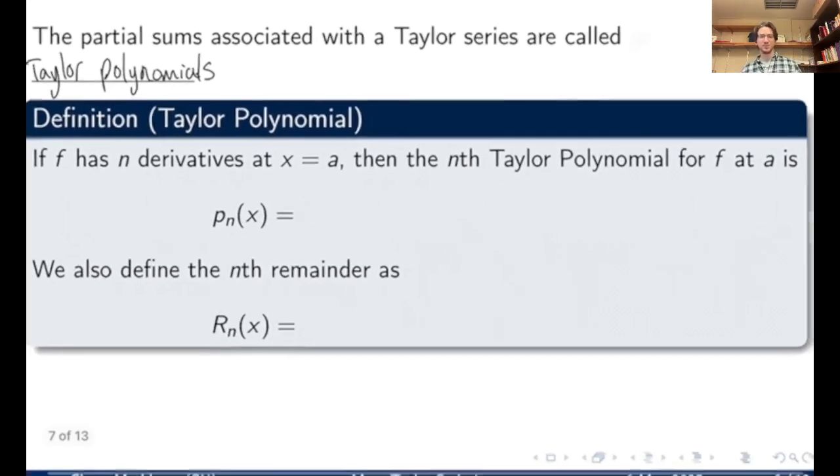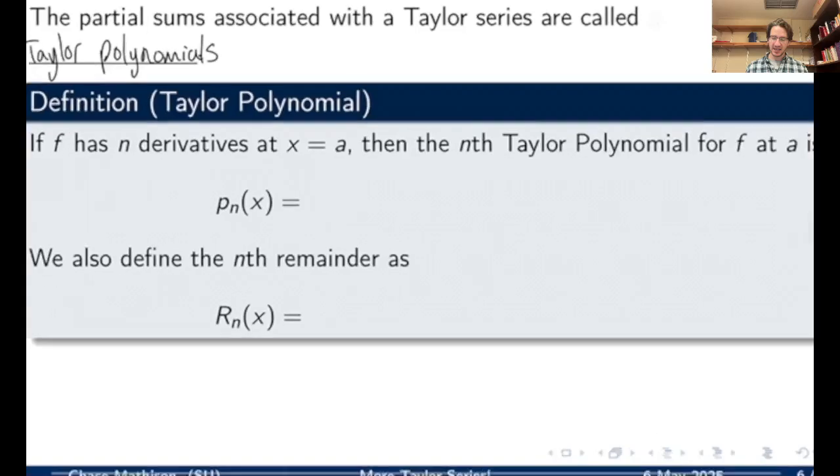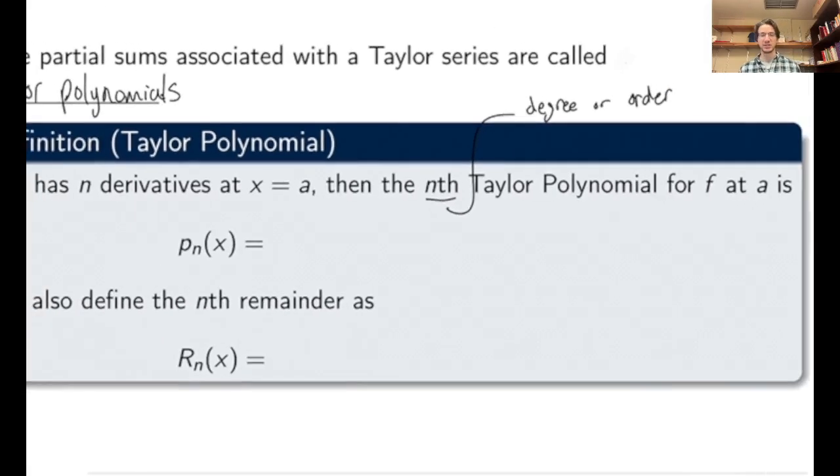Okay, so we have the following definition. If f has n derivatives at x equals a, then the nth Taylor polynomial for f at a, and sometimes you see this called the nth degree or nth order, is literally just the nth partial sum, right?